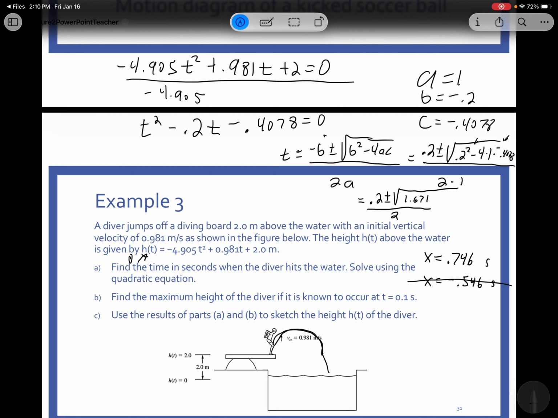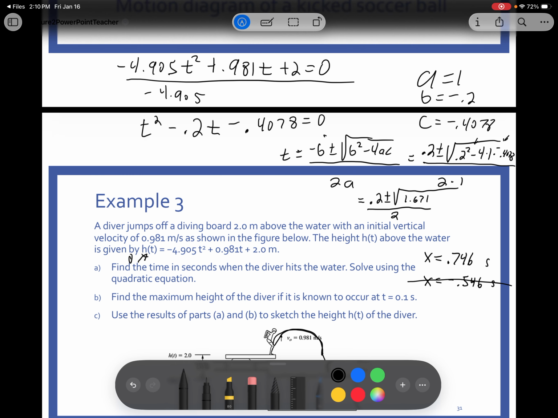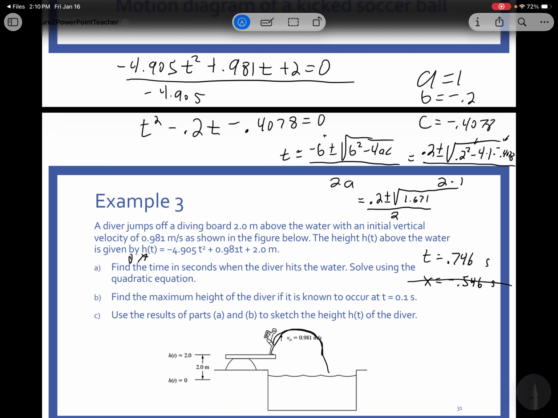And again, this should be t, not x, because that is the variable we're solving for. So the time required is 0.746 seconds.